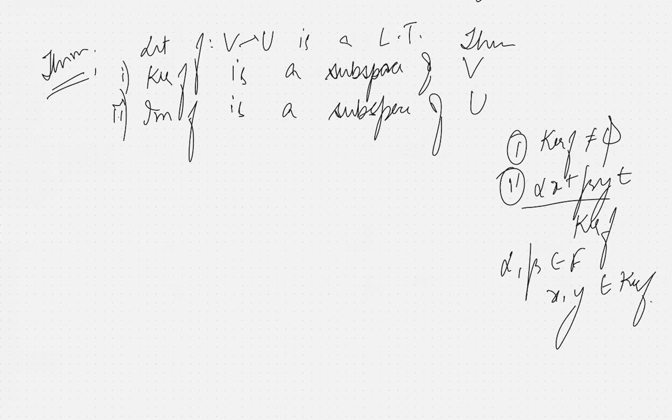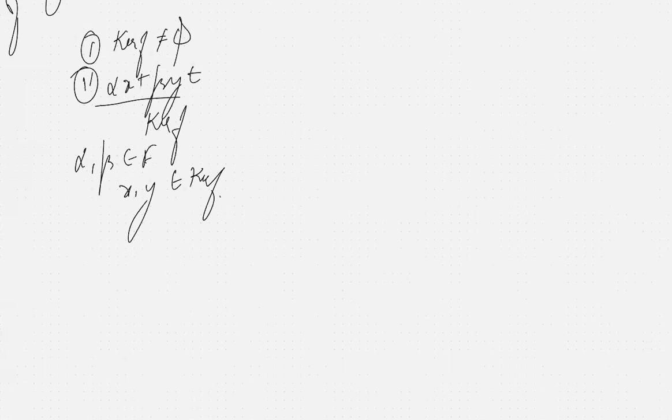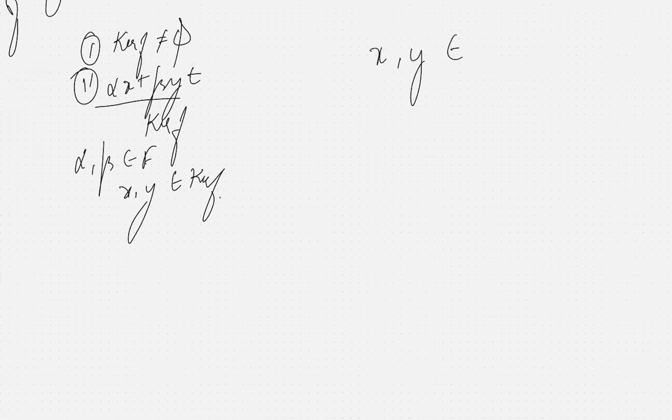Just tell me, if x and y belong to the set kernel f, then will alpha times x and beta times y belong to kernel f? Yes, they will.